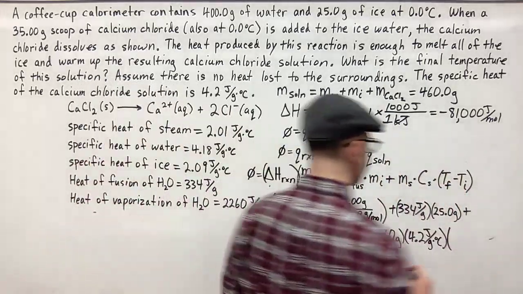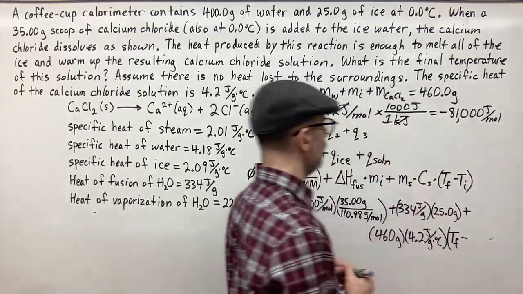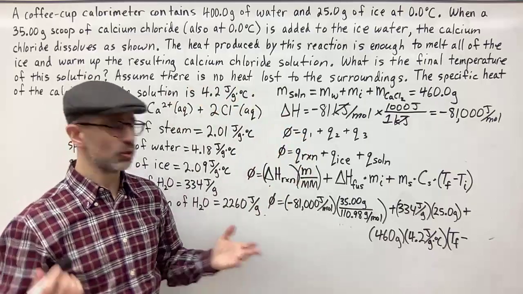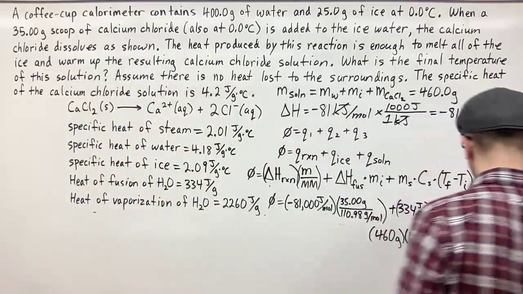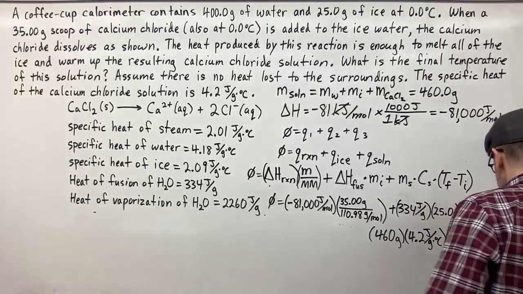And that's going to be the final temperature minus the initial temperature, which we're told that everything was at 0.0 degrees. So that's the initial temperature of everything, 0.0 degrees Celsius.